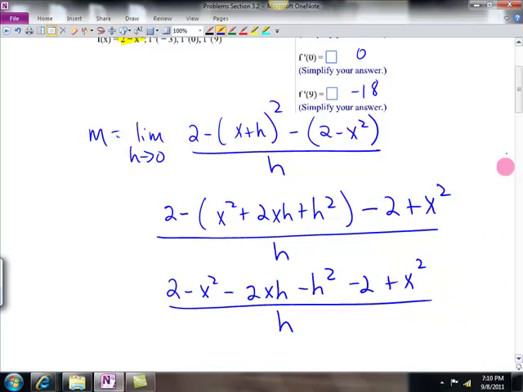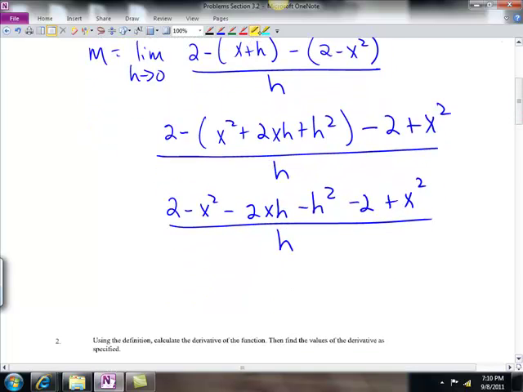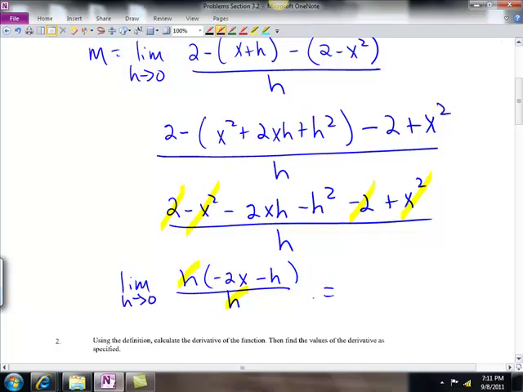So, where were we? Something cancel out here? That and the 2's, and we're left with the h's, and we can factor out h times negative 2x minus h over h. Limit as h goes to 0. Bam, bam. So as h goes to 0, what do we get? Negative 2x.